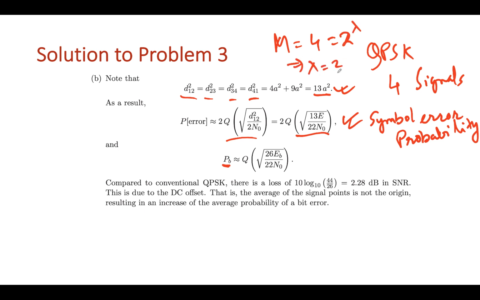So you have 2 bits per symbol, therefore you divide this symbol error probability by lambda, which is 2 in this case, and you get this number. Also you can replace the average symbol energy with the average bit energy EB. So instead of 13 times E, you get 26 times EB, and you can write in this form.